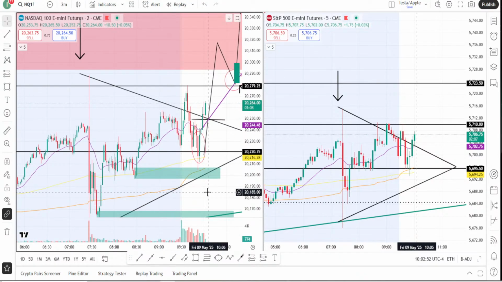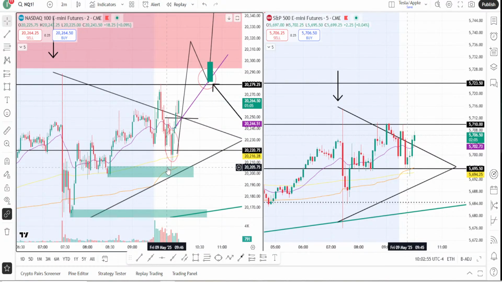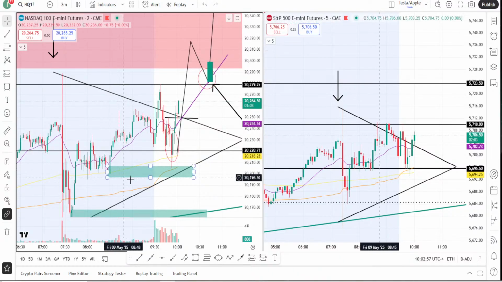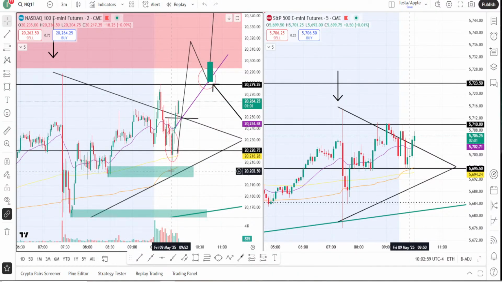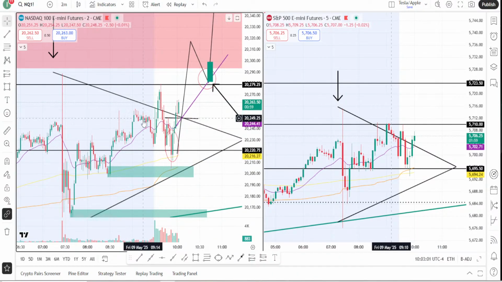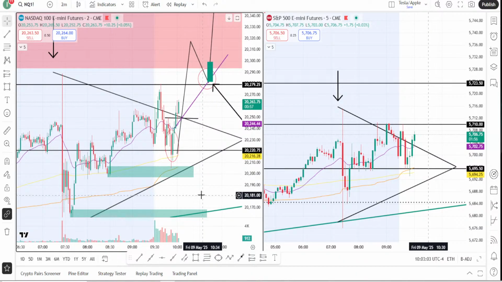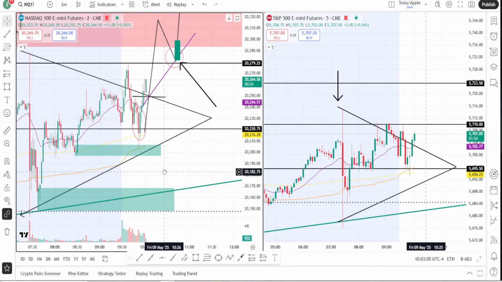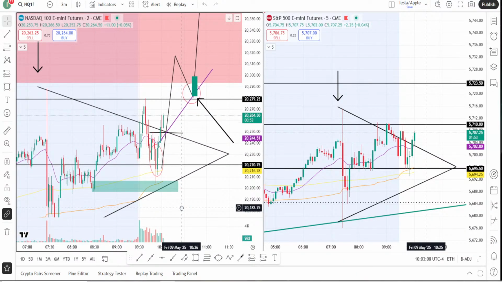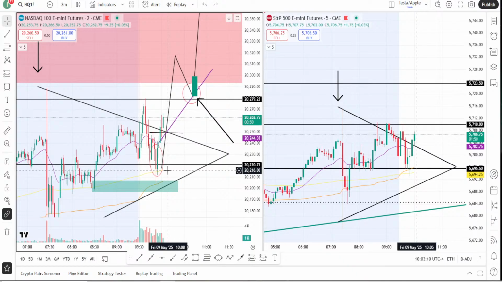We got this bounce off the demand zone here, and this is enough to recharge the buyers and break us out of this range. Easy money, that's right.